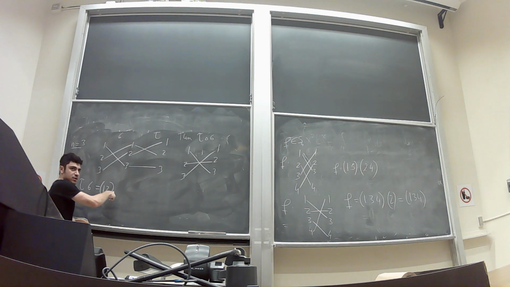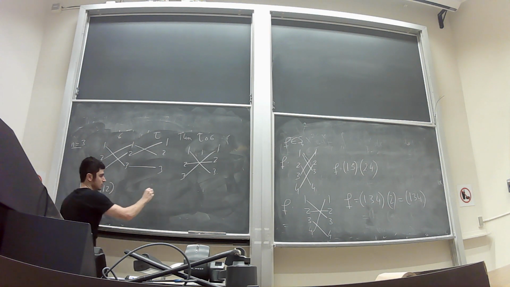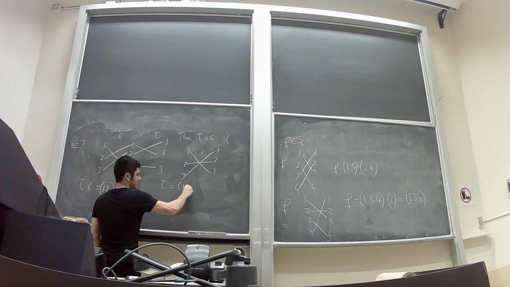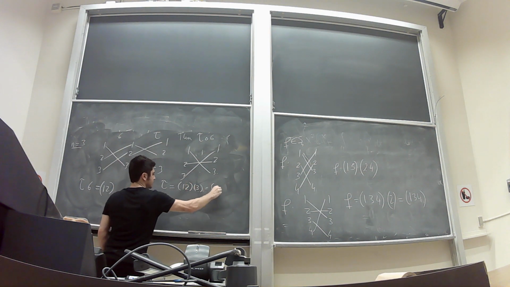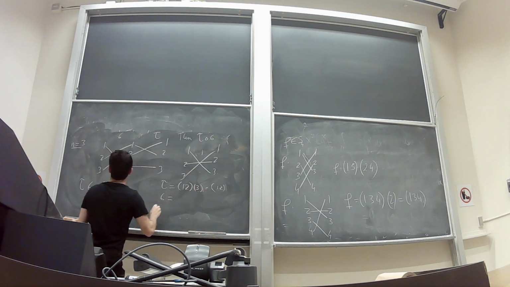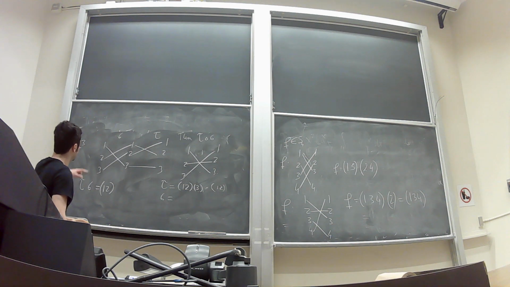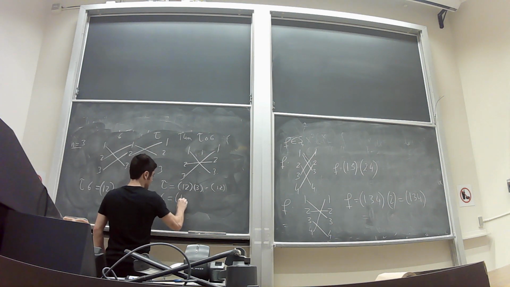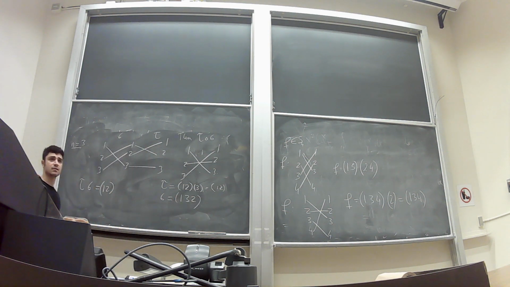Is it okay if I drop the 3? Tau is (1 2), and sigma is (1 3). Sigma is (1 3 2). Right or no?